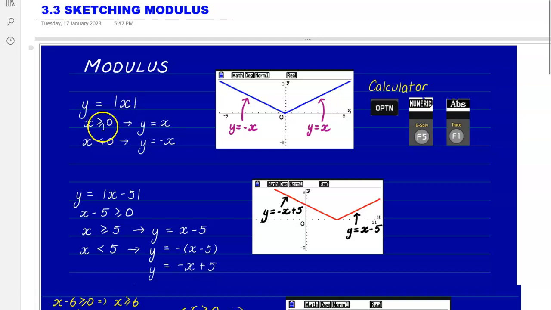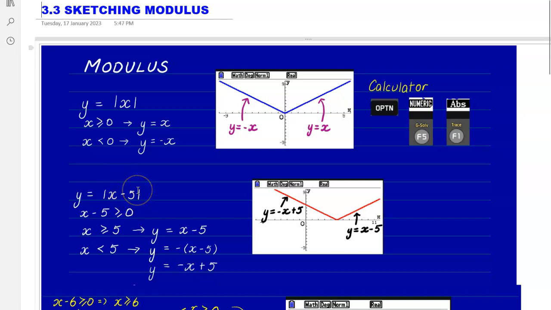When x is greater than or equal to 0, it's our normal y equals x because it doesn't change it at all. But when x is less than 0, that's going to be equivalent to minus x. So that's how we get our y equals minus x graph up there. It changes a little bit, as we said with our translation of when we have the modulus of x take 5.